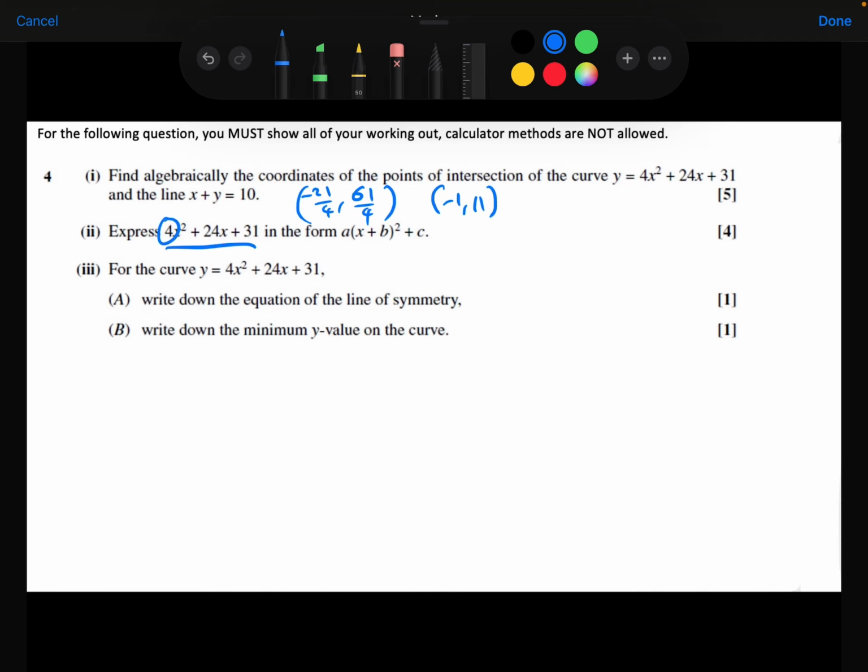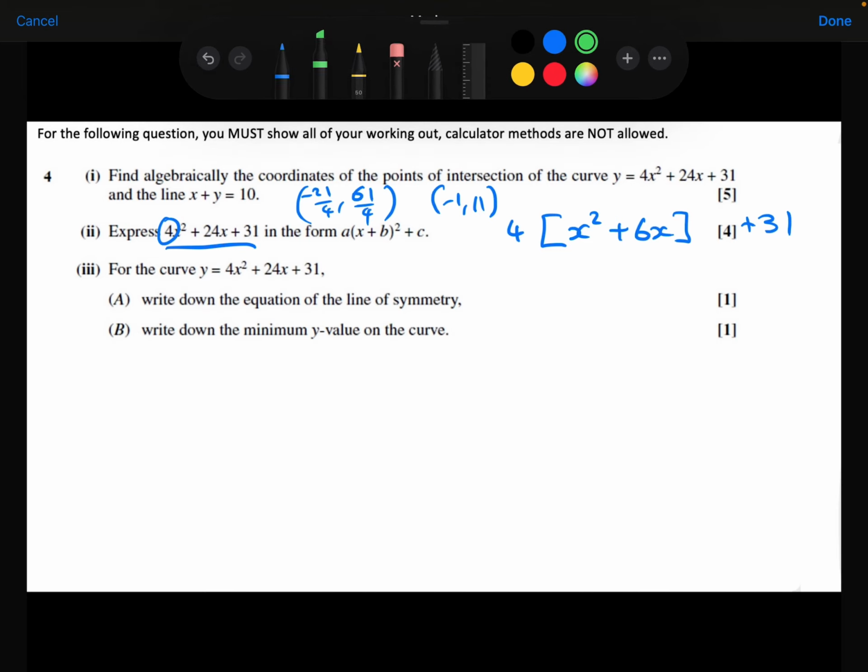Now, I don't like the fact there's a 4 at the front there, so the first thing I'm going to do is factorise that 4 outside. So taking the 4 outside, I'll have a 4, then the x squared, then a 6x, and I'll keep the 31 separate over there for the moment.